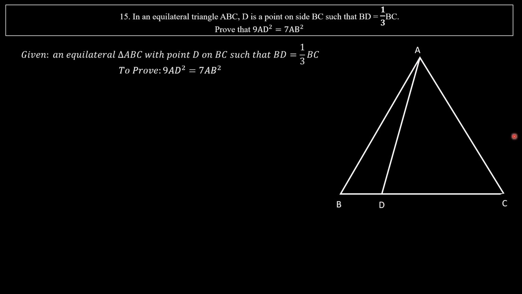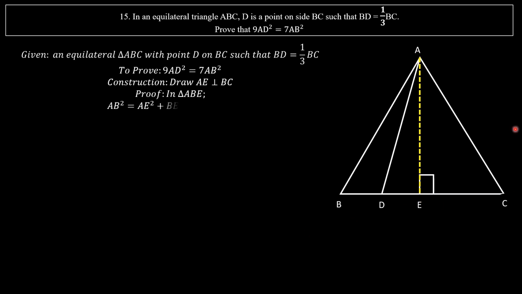Join this, and also we'll construct a perpendicular from this, altitude from A to this. So draw AE perpendicular to BC. Now in triangle ABE, by Pythagoras theorem we can write that AB square, hypotenuse, is equal to perpendicular square plus base square.